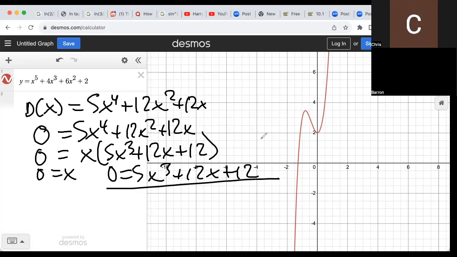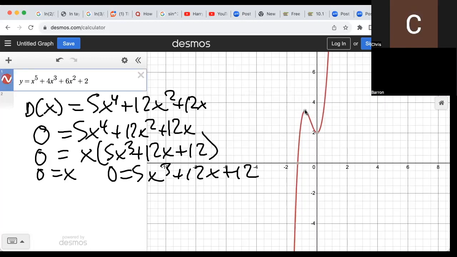And this one, you will not be expected to solve that, I'm pretty sure, because it probably does not have a rational solution. See, Desmos actually tells me what the maximum is. And yes, it's some long decimal that they rounded. You're not going to have to solve for x in a calculus class probably if you have some long polynomial where it's like x cubed or even bigger than that, right?